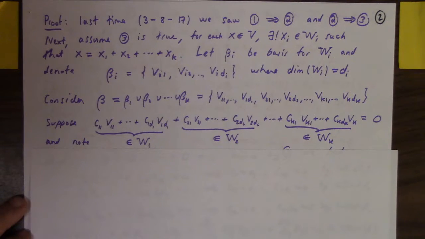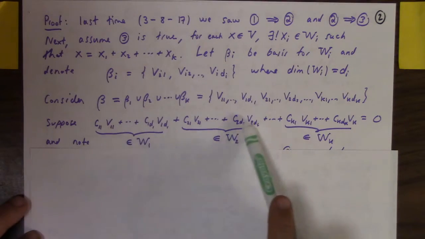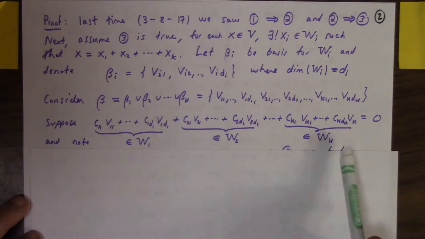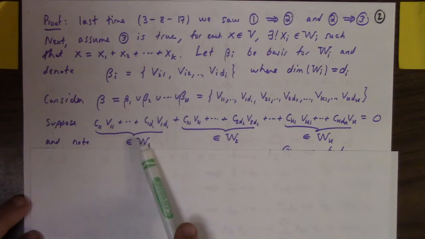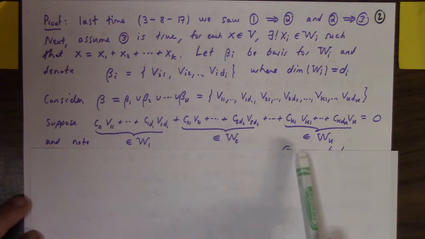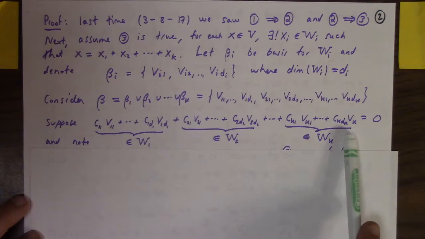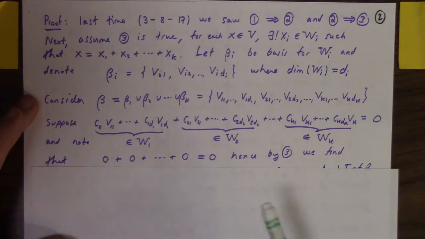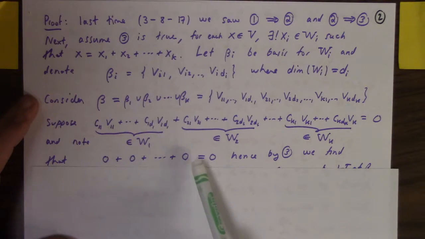So first of all, I note that if I take a linear combination of these vectors equal to 0, then if you look at it, this piece is in W1, this piece is in W2, this piece is in Wk, right? But on the flip side of things, we can write 0 as 0 plus 0 plus through 0, right?